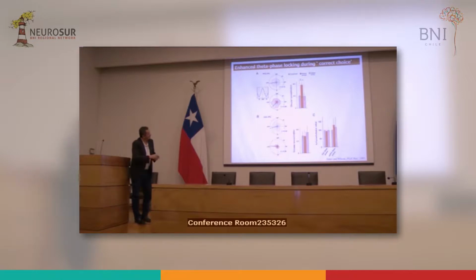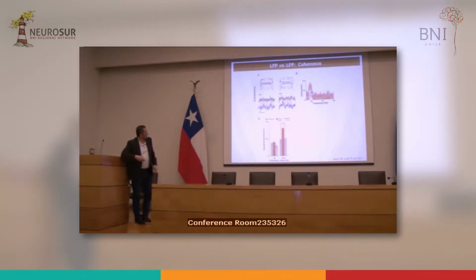But beyond that, when the animal is going in the choice direction but makes an error, and that is fails to effectively make use of working memory, that's actually predicted by the absence of this coherence. The hippocampus is working, the prefrontal cortex is working, but they're not working together, and therefore the animal makes a choice, but it's not driven by the communication of task-dependent working memory to the prefrontal cortex.